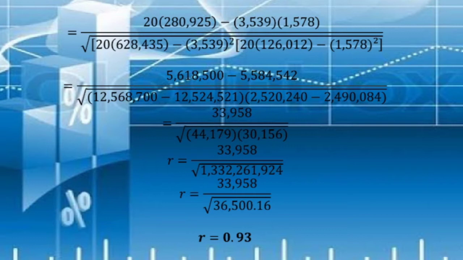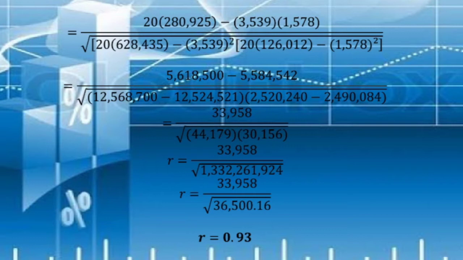Then multiply the value of summation of x and summation of y, which is 3,539 times 1,578, equals 5,584,542, over the square root of, then multiply 20 times 628,435 equals 12,568,700. Then copy minus.